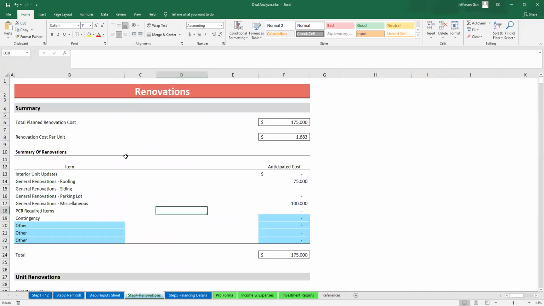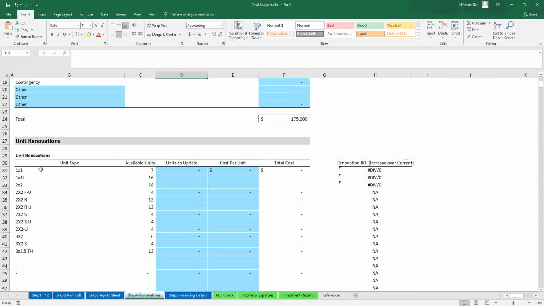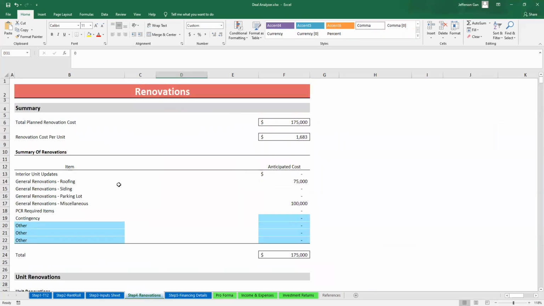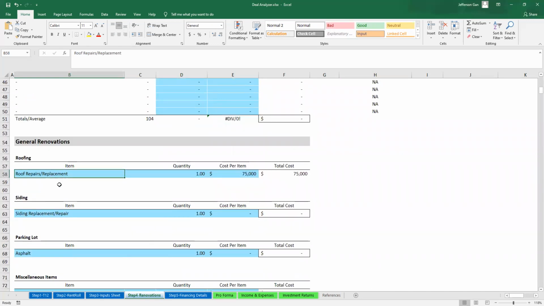Then for the renovation, this is where, let's say, we input the renovation. You can specify, okay, what's the cost per unit? How many do you want to update per unit? Then this will be the roofing, siding. So you can put any estimate, let's say for one roofing, you can put some amount.